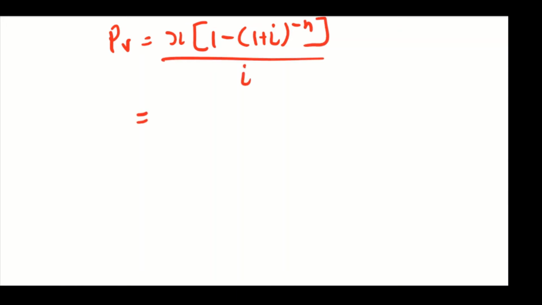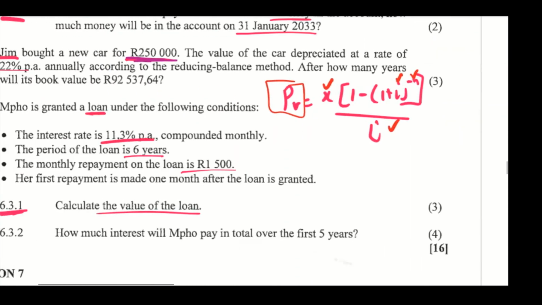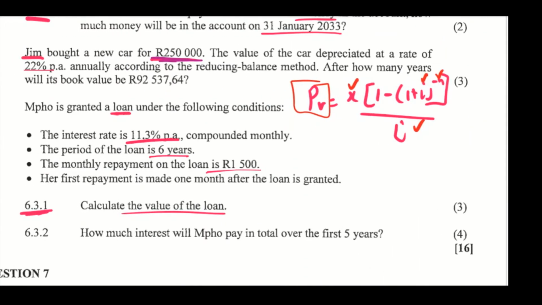So we know that the repayment of 1,500 rand is made. The interest rate here is 11.3% compounded monthly, right? Let's just check to confirm everything. Yes, it's 11.3% compounded monthly and for a period of 6 years, right?